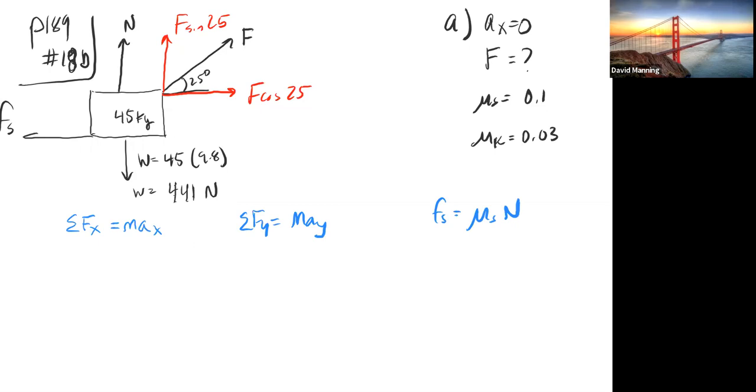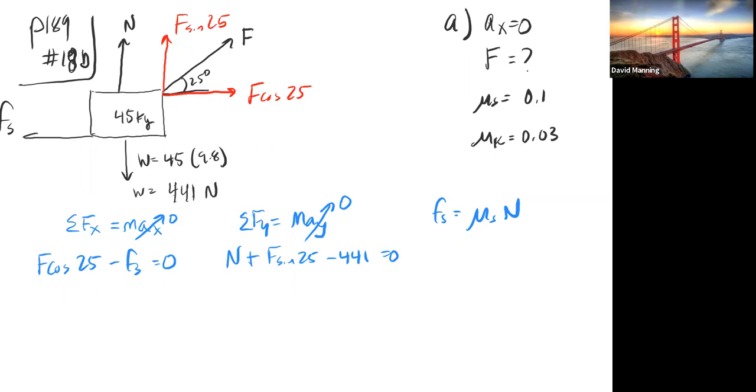Those are our three equations. Just like last time, let's see what we have. We know ax is 0, so we have F cosine 25 minus fs equals 0. We know ay is 0, it's not going anywhere, so we have N plus F sine of 25 minus 441 equals 0.